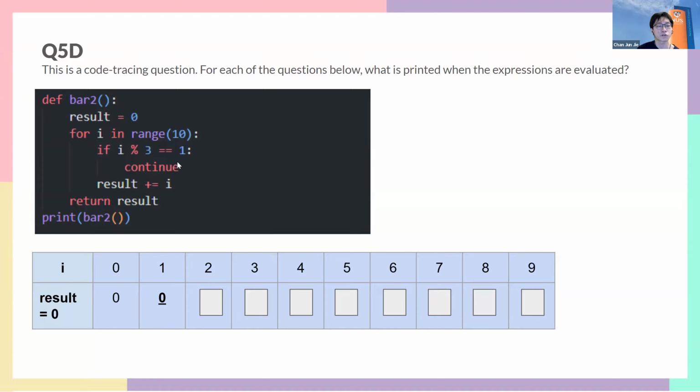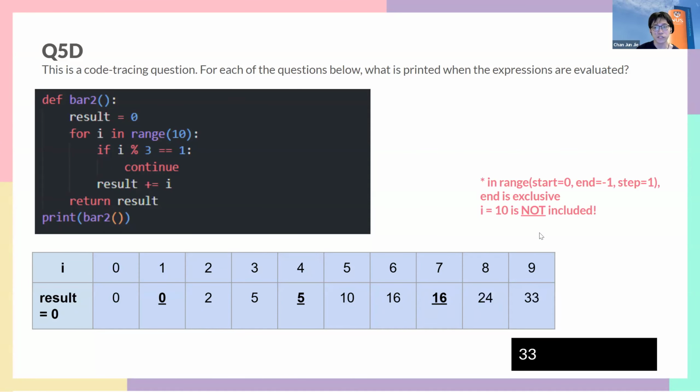It will continue and skip running this line of code. It will move on to the next iteration. So over here you add 2, you add 3. Now when i goes to 4, this will trigger, 4 mod 3 is equal to 1. So continue. It will skip, you will not add 4. And same thing when you reach 7, you will not add 7, until you're at 9. So this should be the table you write in the exam.